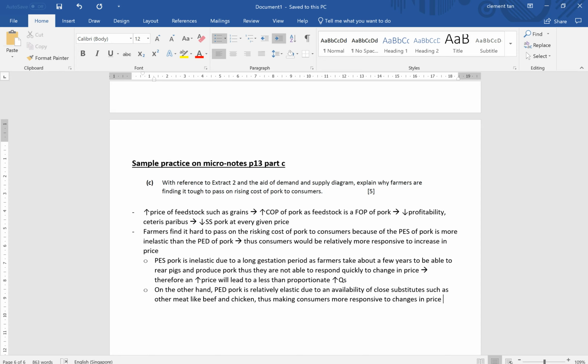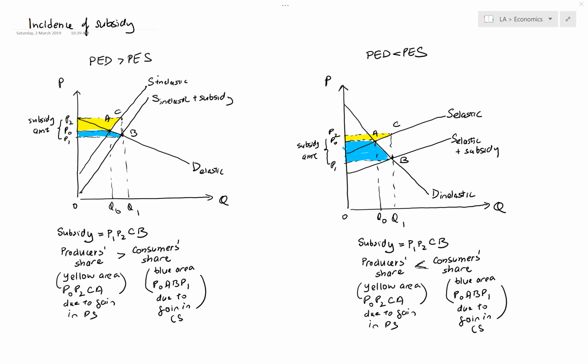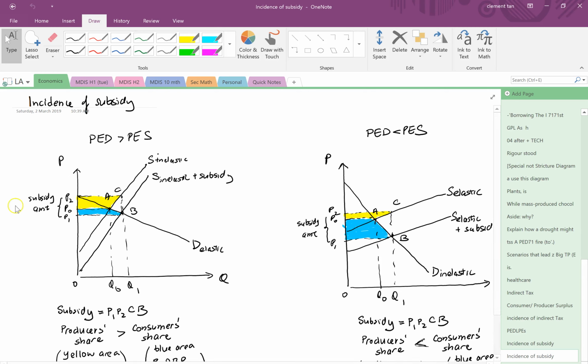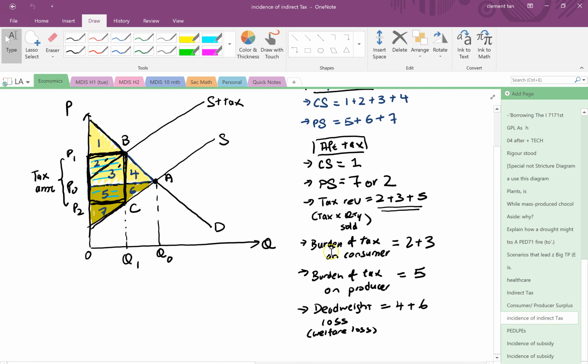Okay, then you just draw a diagram and explain. You can literally use the incidence of tax diagram.